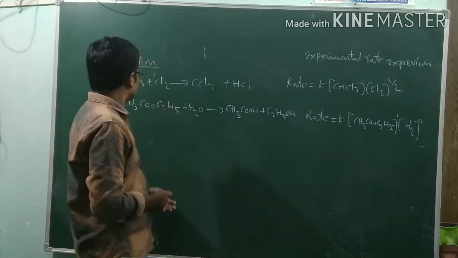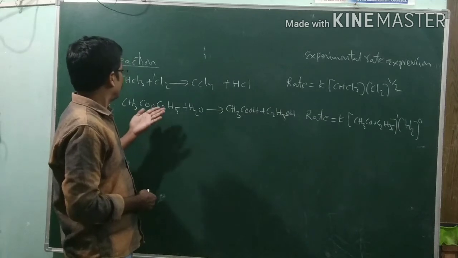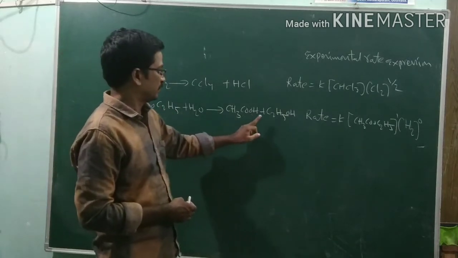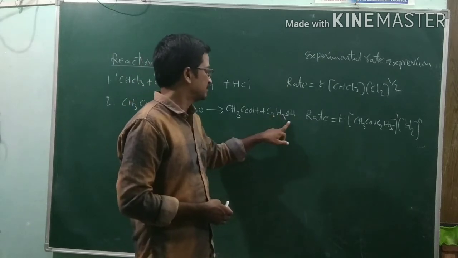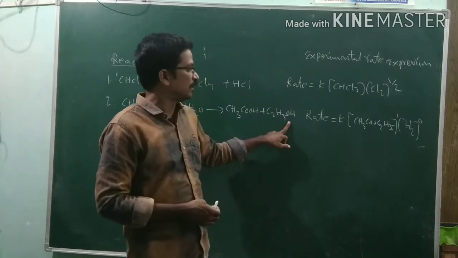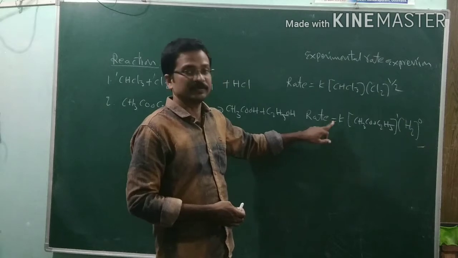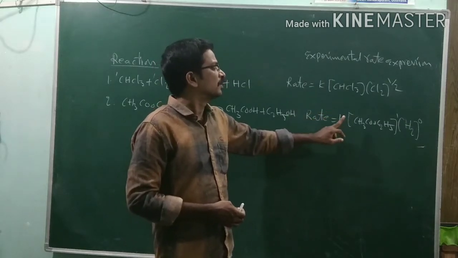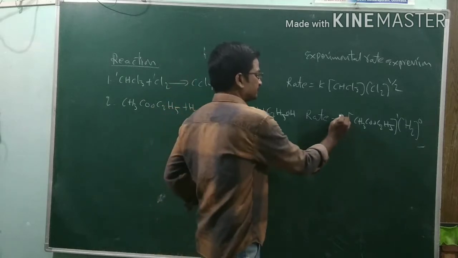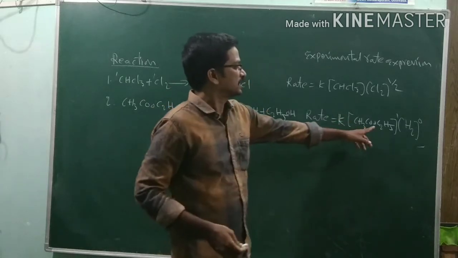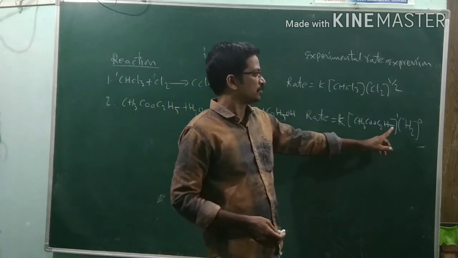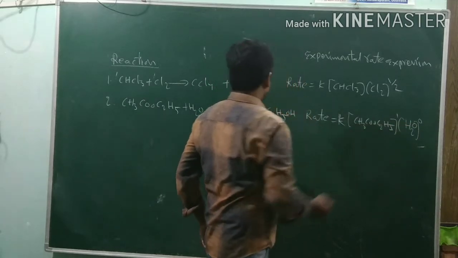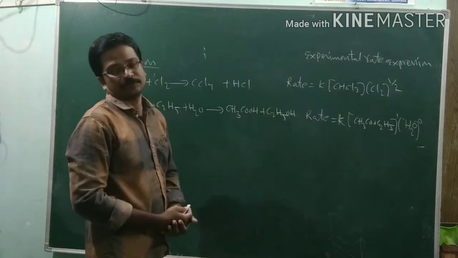Okay, next see another example. Ethyl acetate on reaction with water gives rise to acetic acid plus ethyl alcohol. The rate expression for this equation is rate is equal to K into CH3COOC2H5 whole to the power of 1 and H2O to the power of 0.